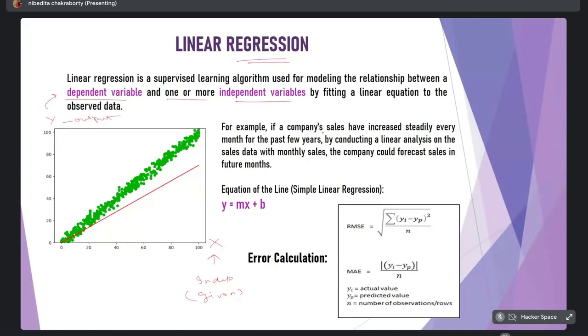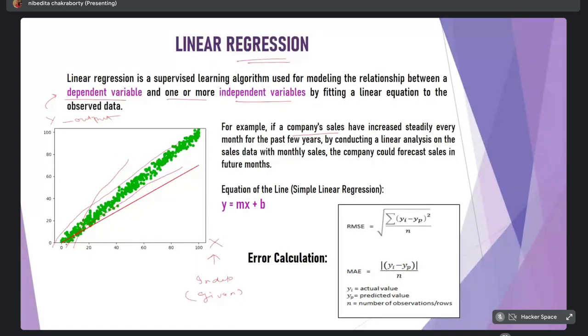For example, let's say we have a company sale and it is increasing, as we see. These data points are increasing, so this is the upward trend. Using linear regression, we fit a line through this data. There can be many lines, this is not the only line we can have. These are not straight lines, but just assume they are.